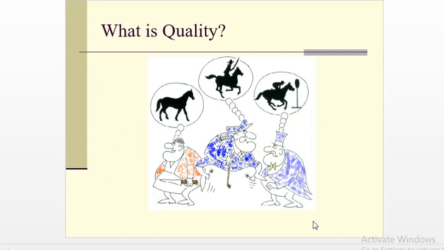So first, what is quality? In this slide or in the picture you can recognize various pictures. You will feel which picture is clear, and you can say that is the quality of the picture. So quality can be defined as an effective system for integrating the quality development, quality maintenance, and quality improvement efforts of the various groups in the organization so as to enable production and services at the most economical level, which allows customer satisfaction.